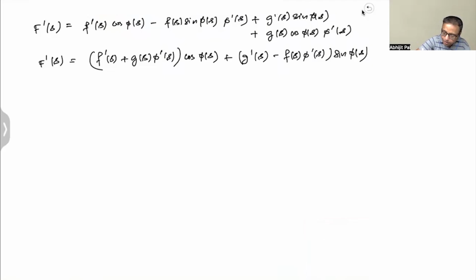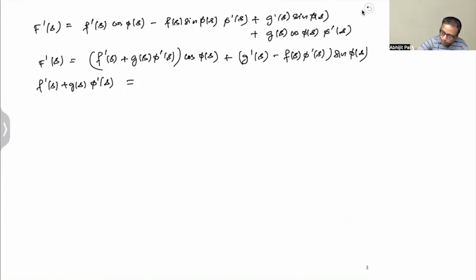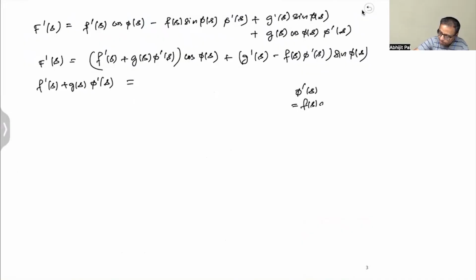So now if I take this f prime s plus g s times phi prime s, note that this phi of s is this integral here. So therefore phi prime s is equal to f s times g prime s minus f prime s times g s.